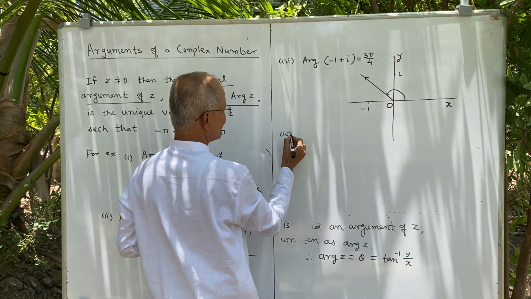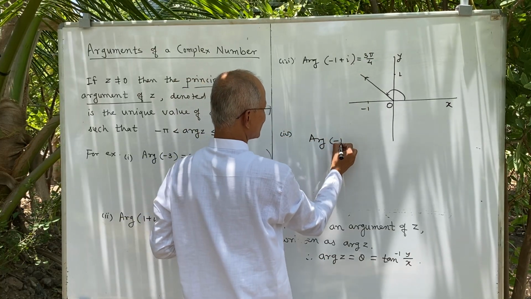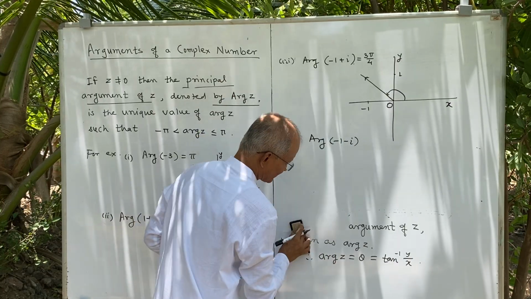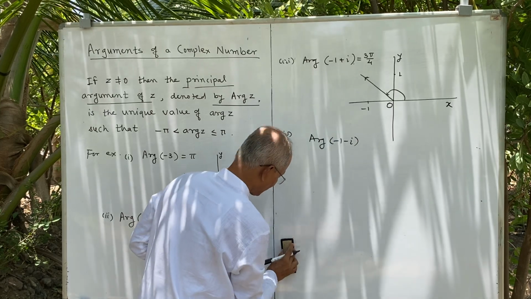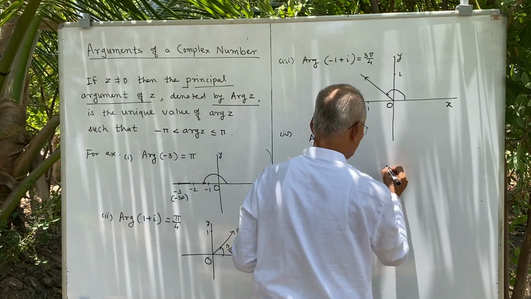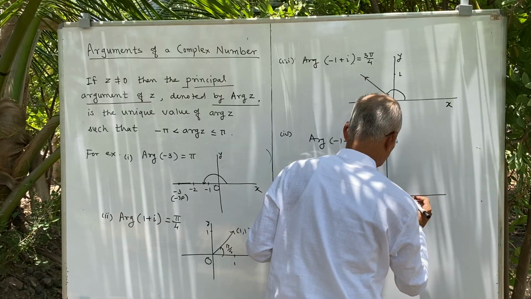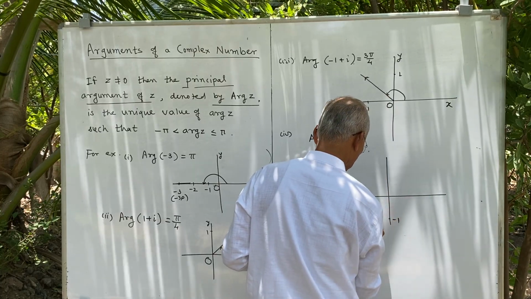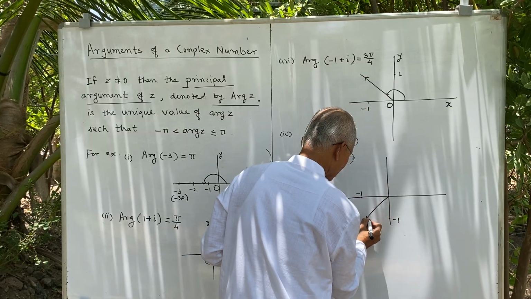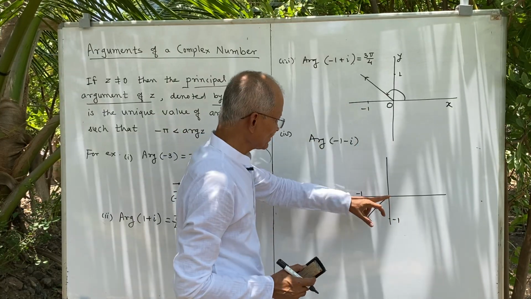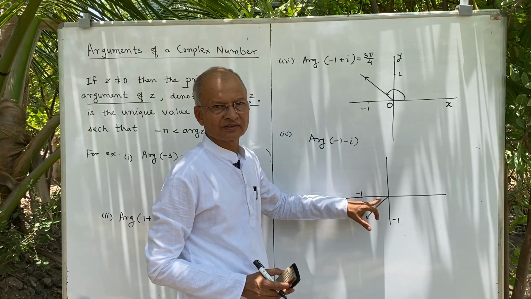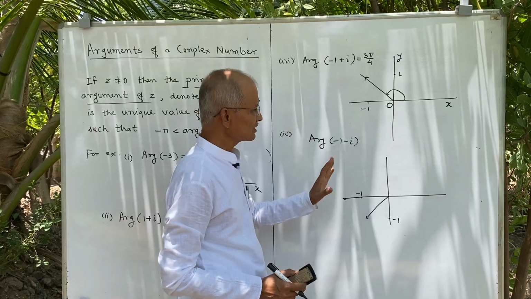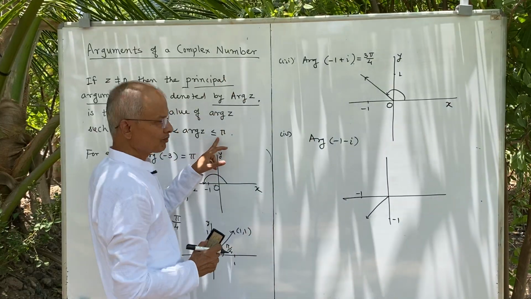Next we may have the argument of -1 minus i, with both x coordinate and y coordinate negative, so this is -1, this is -1, and the point will be this one. Here we should not take the angle in anti-clockwise sense, but in clockwise sense, because it must be between minus pi and plus pi.